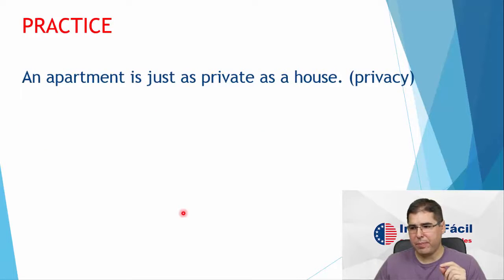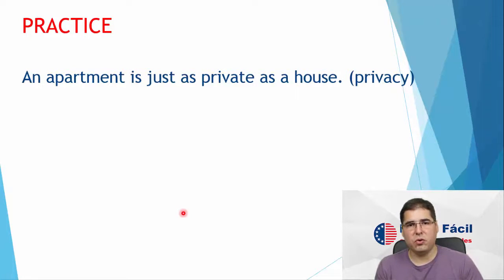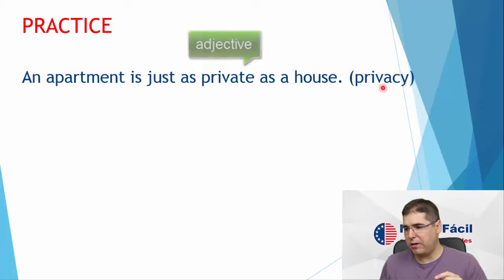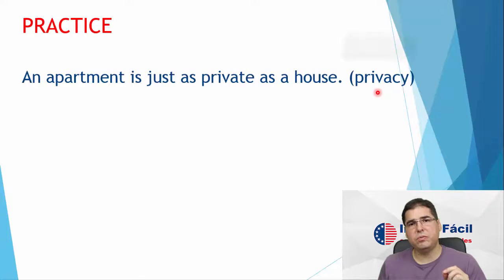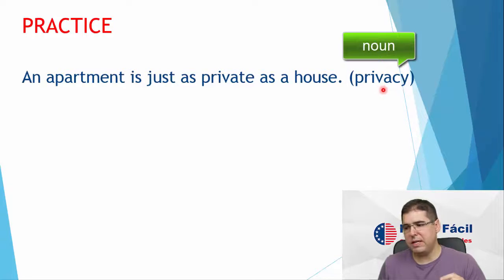Okay, now, an apartment is just as private as a house. So they are equal, they are the same. In this case, the new sentence is going to be also affirmative, right? I'm going to use as, and it goes in the affirmative now. And I want to use the noun privacy. So private is an adjective, right? As private as. But now I want to use privacy, and privacy is a noun.